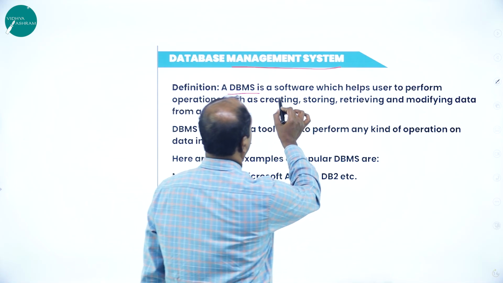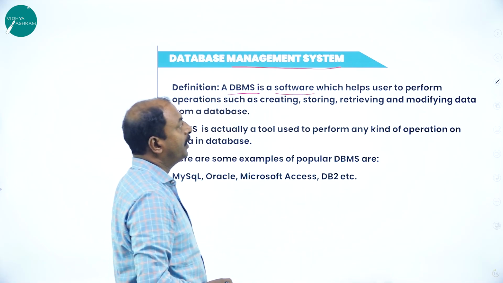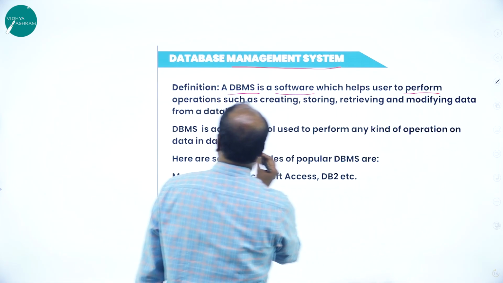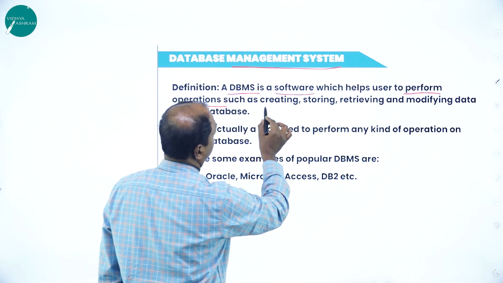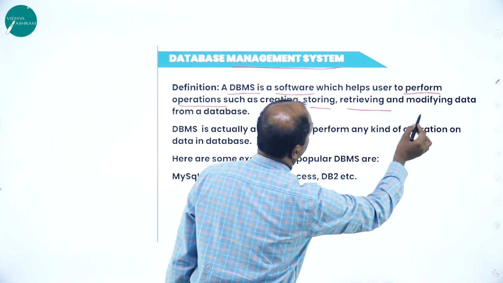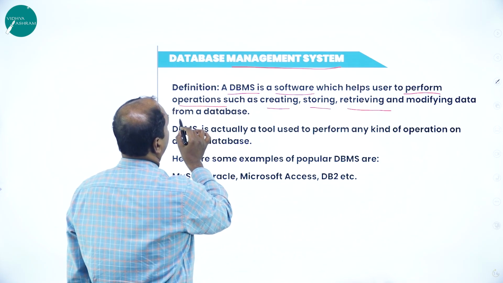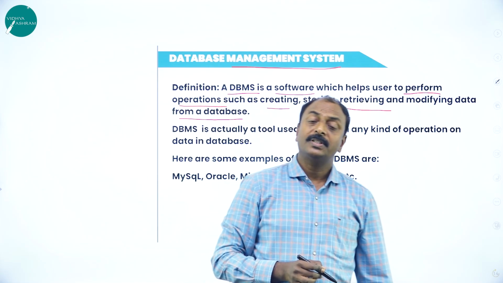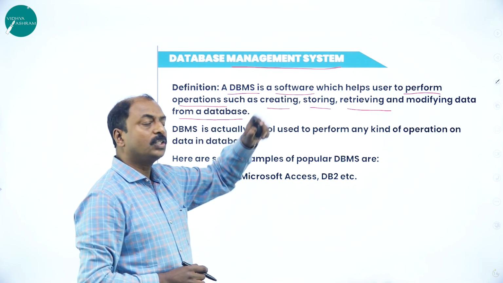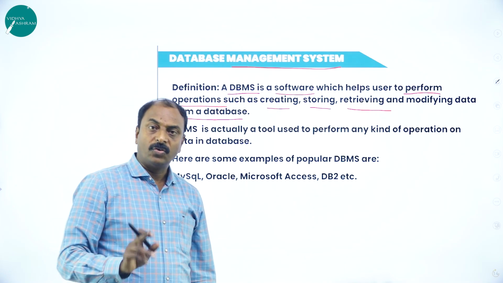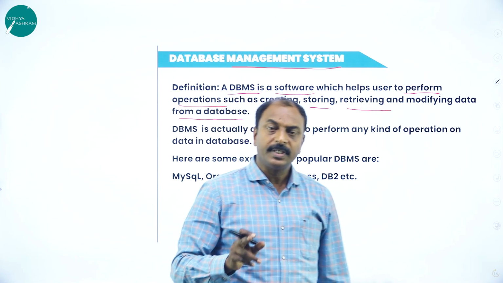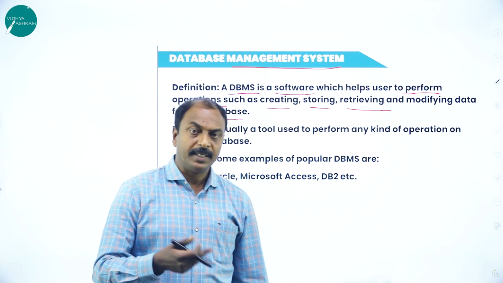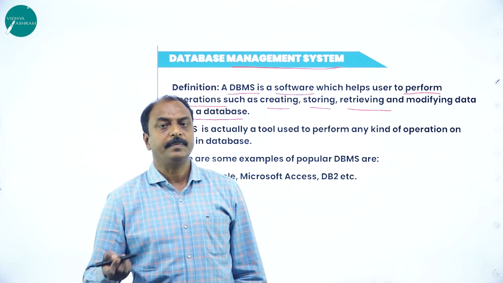It is a software which helps the user to perform operations such as creating, storing, retrieving, and modifying data of a database. So what is the meaning of DBMS? It is a software used to work with database. Here there are two different concepts: one is database and the other is database management system.